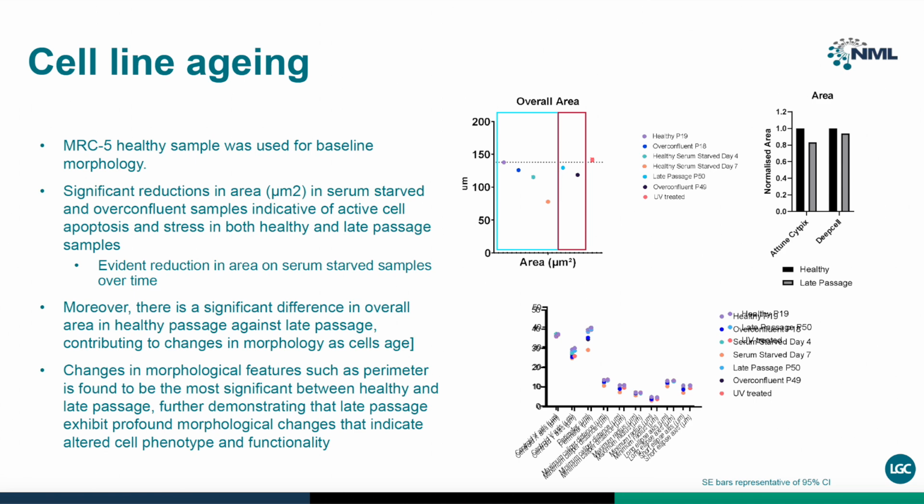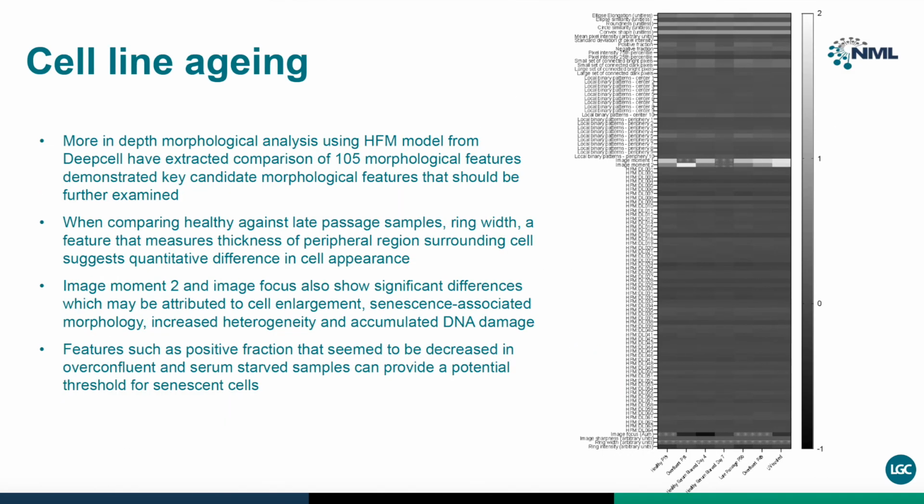So finally, what I wanted to show you is the power of DeepCell in terms of using the HFM model that they have and extracting a comparison of over 105 morphological features that demonstrated key morphological features that should be further examined. So for example, here when we were comparing healthy against late passage samples, ring width, a feature that measures thickness of the peripheral region, suggests a quantitative difference in terms of their cell appearance.